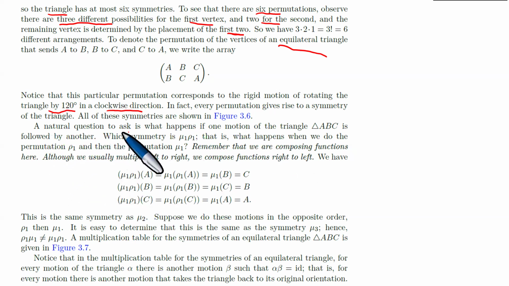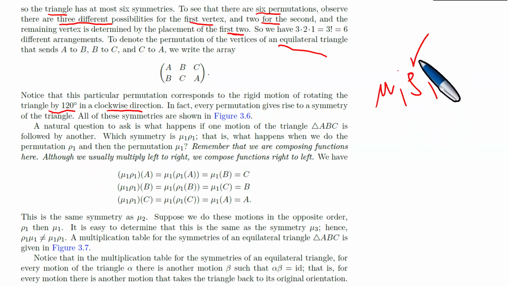A natural question to ask is what happens if one motion of the triangle ABC is followed by another? So the author of the book is then saying, which symmetry is mu1 rho 1? That is what happens when we do the permutation rho 1 and then the permutation mu1.